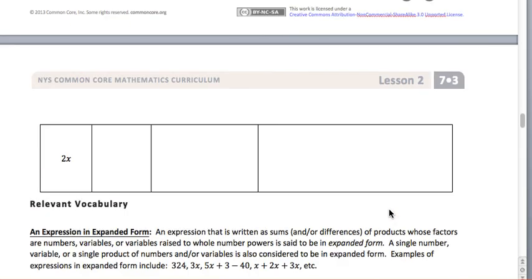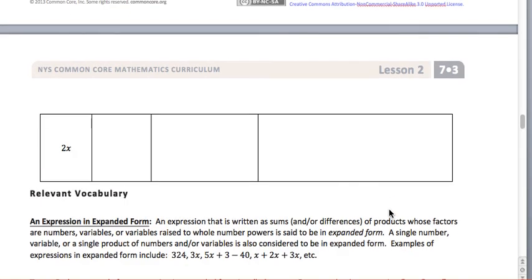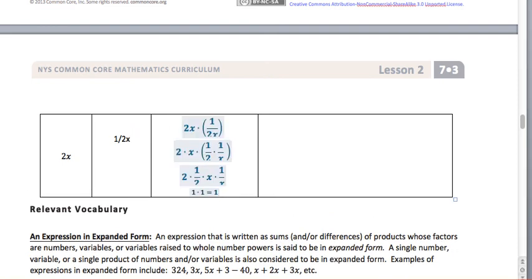And our final example then is 2x. The multiplicative inverse is 1 over 2x. Our proof, 2x times 1 over 2x, we can split these into all of their different factors.